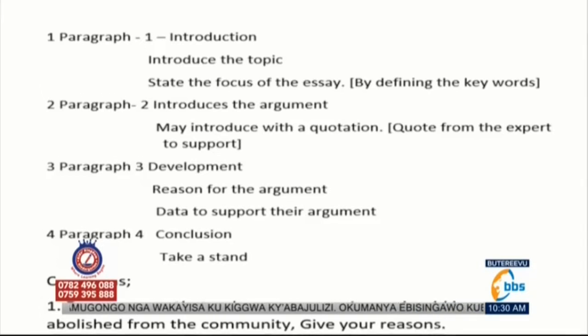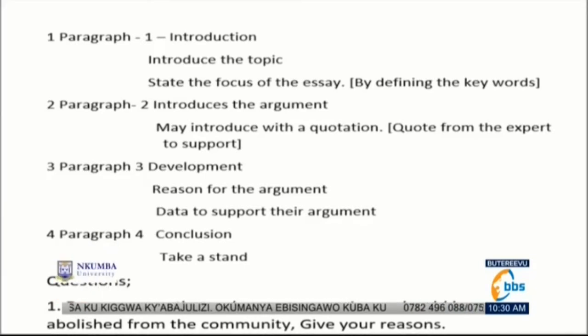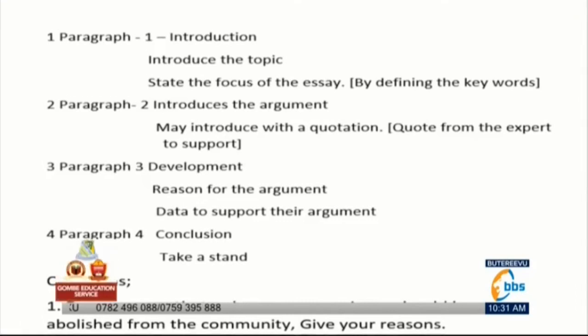Then we're going to look at paragraph 2. What should we have in paragraph 2? After you've introduced the topic and defined some of the keywords, what are you going to talk about? In paragraph 2, we're going to look at introducing the argument. What is the argument there?